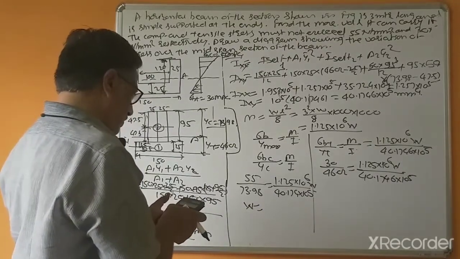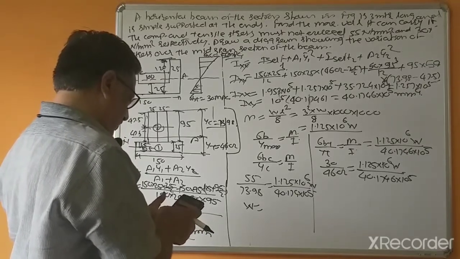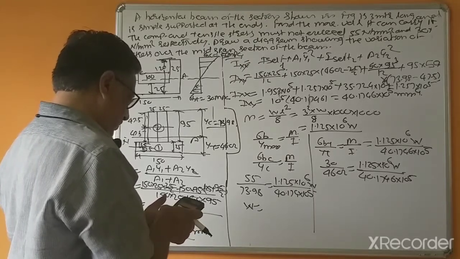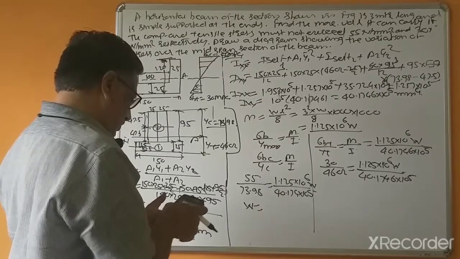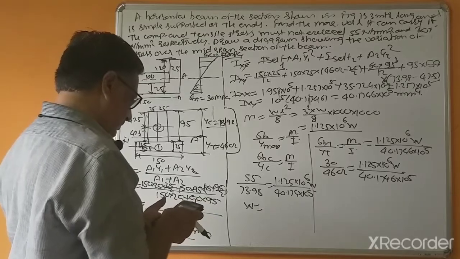So W equal to 55 into 40.174 divided by 73.98, multiplied by 10 to the power 5 divided by 10 to the power 6.